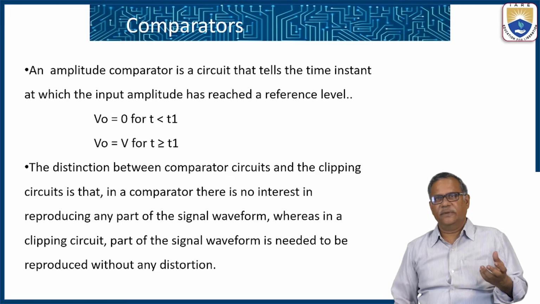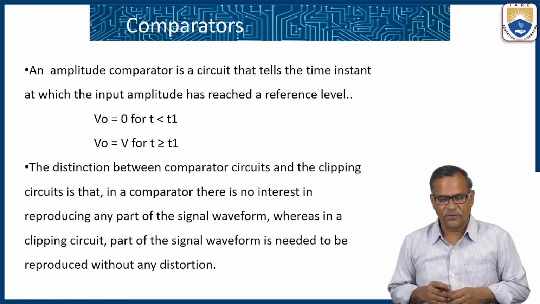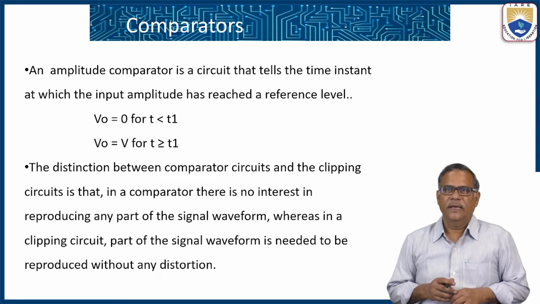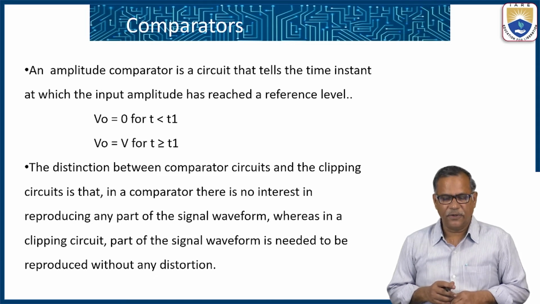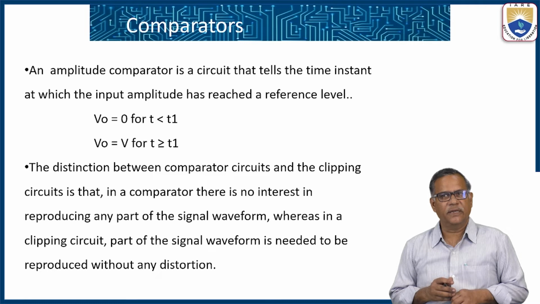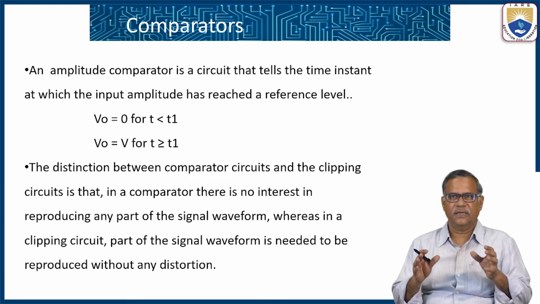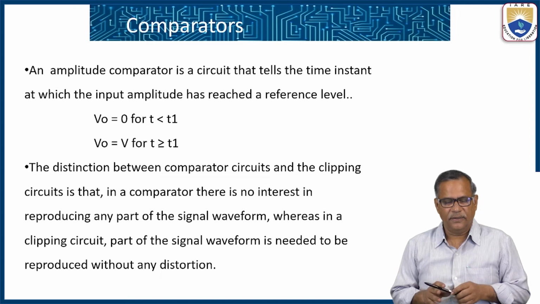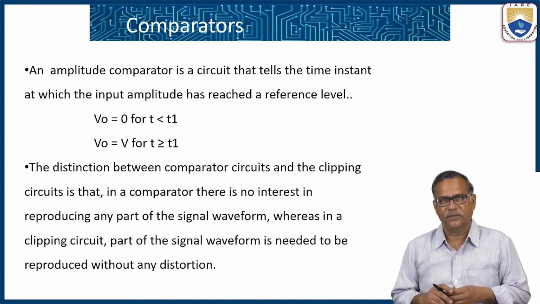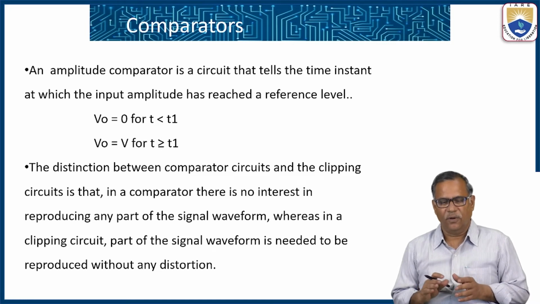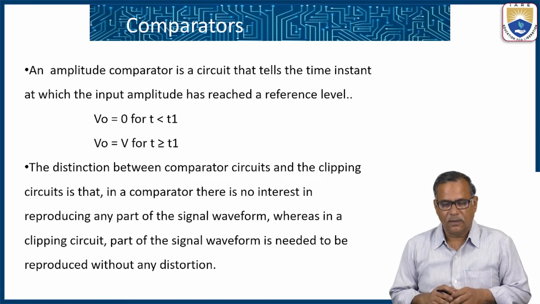So what is the distinction between comparator circuits and clipping circuits? In a comparator circuit, there is no interest in reproducing any part of the input signal waveform, whereas in a clipping circuit, part of the signal waveform is needed and that needs to be reproduced without any distortion. So there is a difference between comparator and clipping circuits.